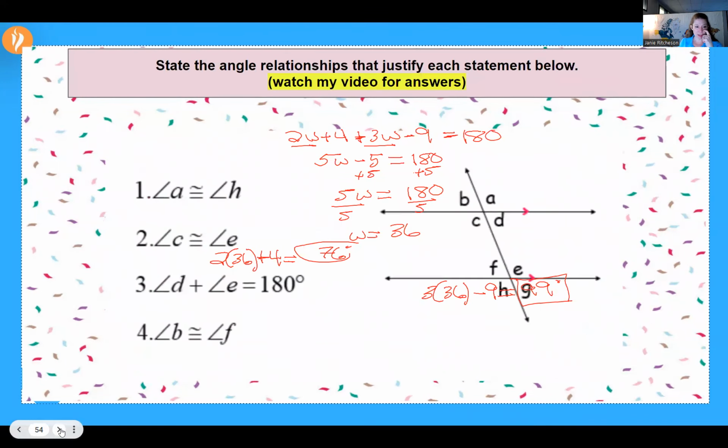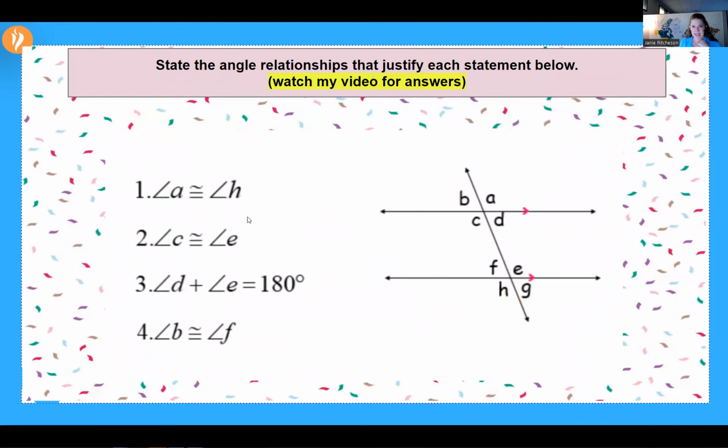All right, next screen. It's saying, state the angle relationships that justify each statement. They're saying that angle A is congruent to angle H. Yes, they are congruent because they're alternate exterior angles. Comparing angles C and E, they are alternate interior angles.